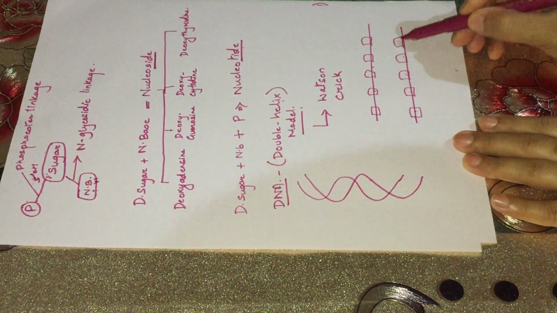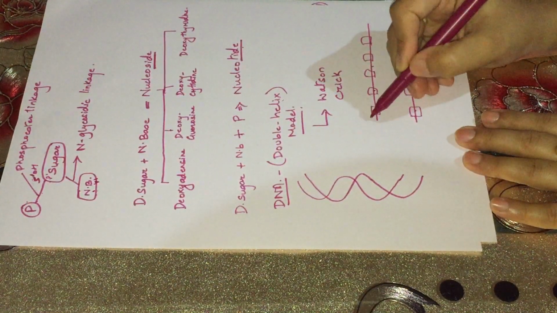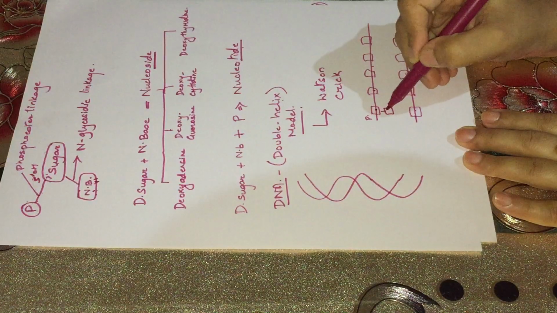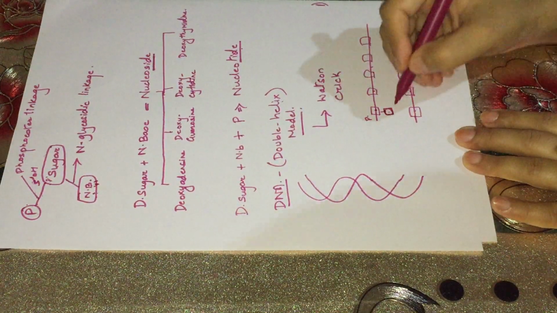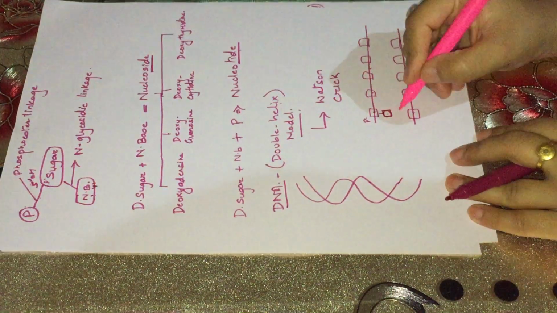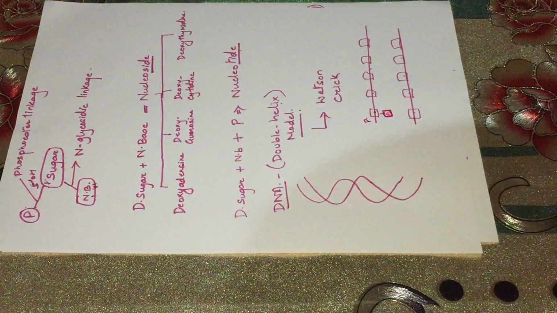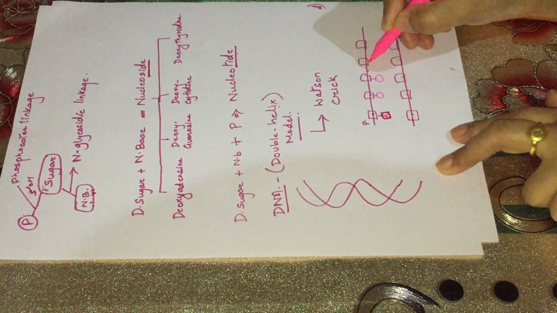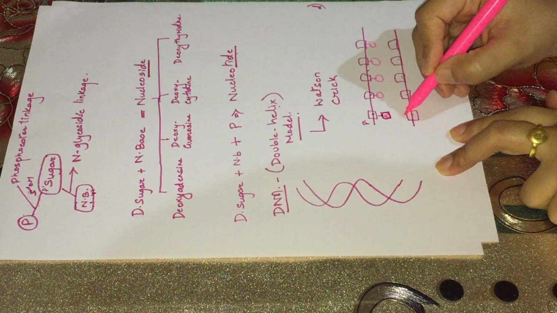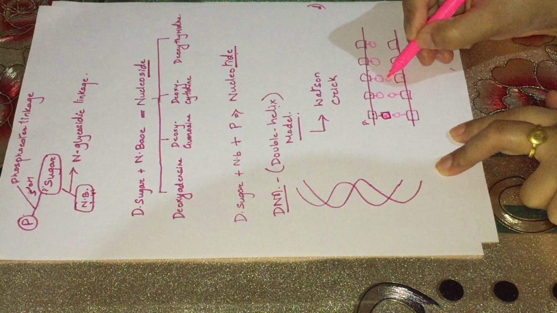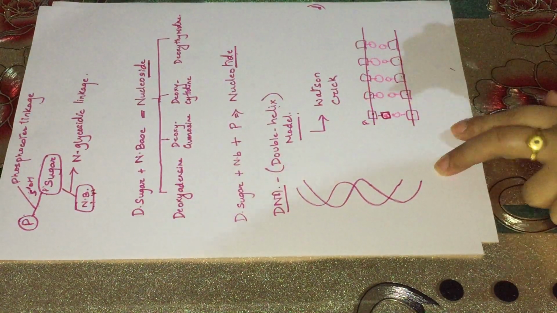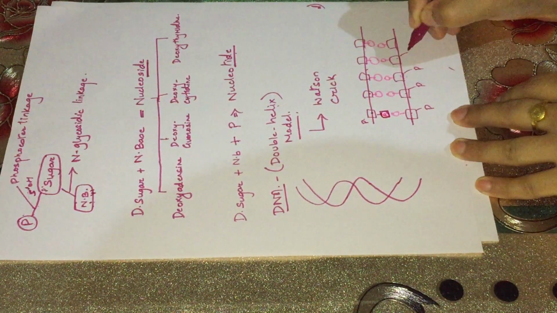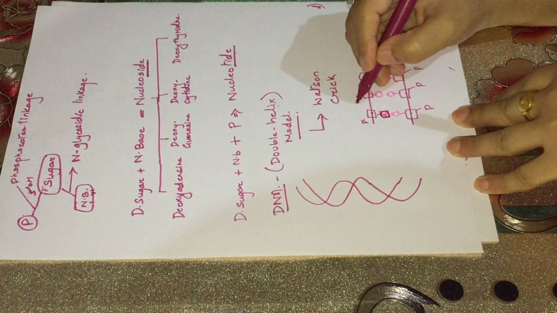One nucleotide consists of phosphate, sugar, and one nitrogenous base, suppose adenine. Similarly here also a nitrogenous base, and here they have the phosphate group.